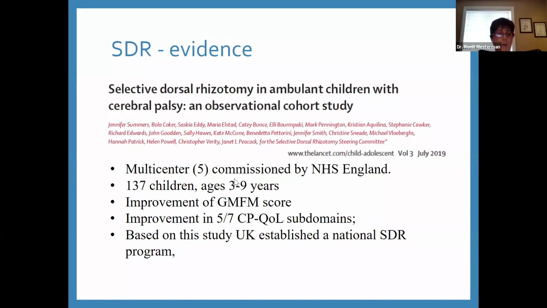There have been several papers that overall showed some effectiveness, but then there were also papers in the 90s that were not as convinced that SDR really has a place, and that led to the shutdown of many programs.